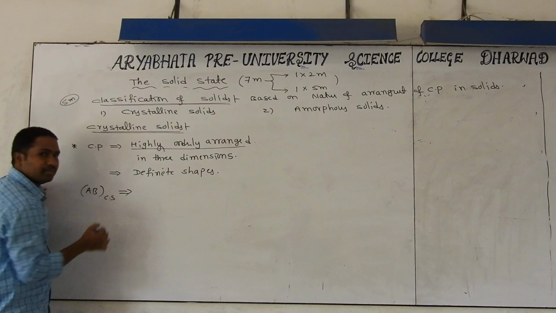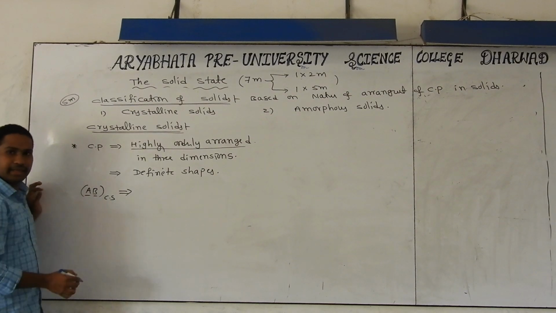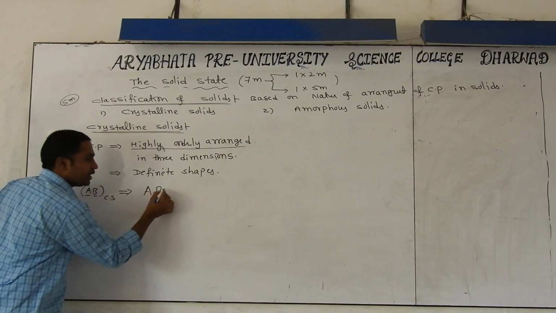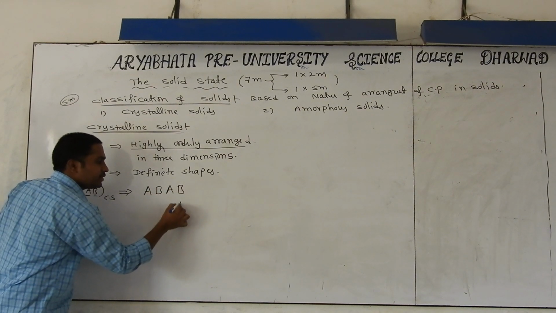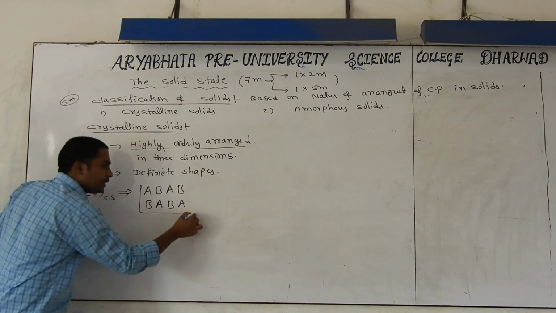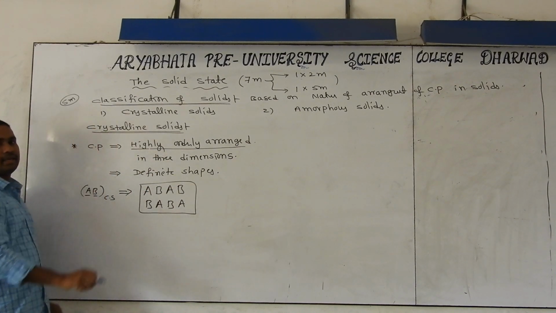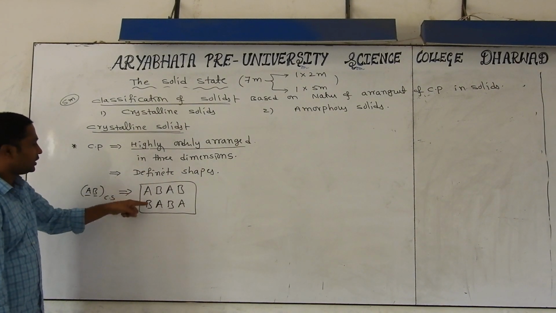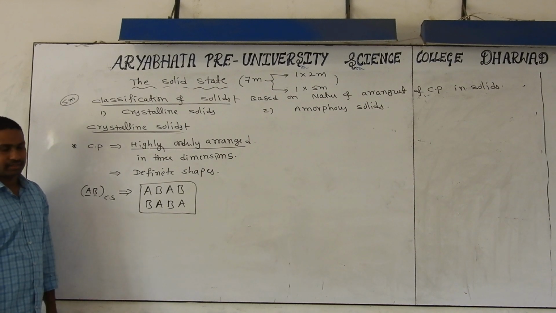Here the constituent particles are A and B, arranged alternately, like AB AB. That is what we call a highly orderly arrangement of constituent particles in three dimensions. That's what we call crystalline solids.